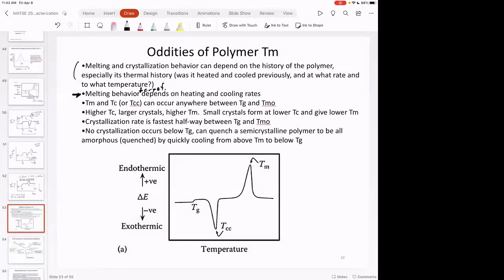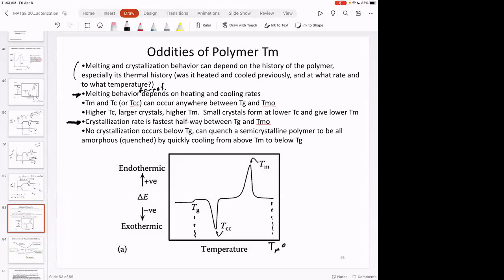TM or TC can occur anywhere between TG and TM0. Higher TC, larger crystals; lower TC, smaller crystals. And it turns out that if we're interested in the crystallization rate, how fast the crystals form, and there's a theoretical reason for this that you'll learn later, the crystallization rate is fastest halfway between TM0 and TG.